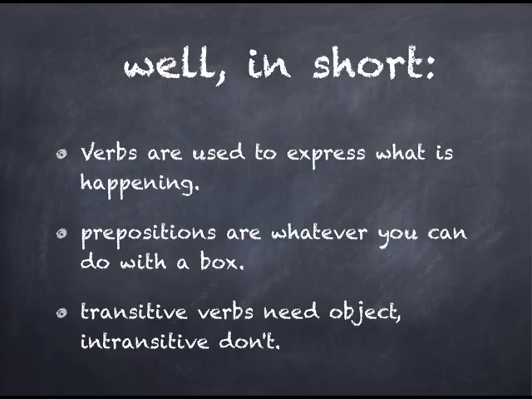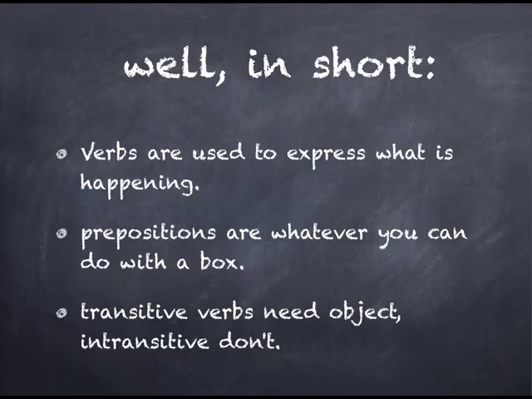Okay, so in conclusion, things to remember are, what are verbs? Verbs are used to express what's happening. ਇਹ ਦੱਸਣ ਲਈ ਕਿ ਕੋਈ ਕੀ ਕਰ ਰਿਹਾ ਜਾਂ ਕੀ ਸੋਚ ਰਿਹਾ ਜਾਂ ਉਸਦੀ ਹੋਂਦ ਕੀ ਆ, we use verbs. And what are prepositions? Prepositions are anything you can do with a box.